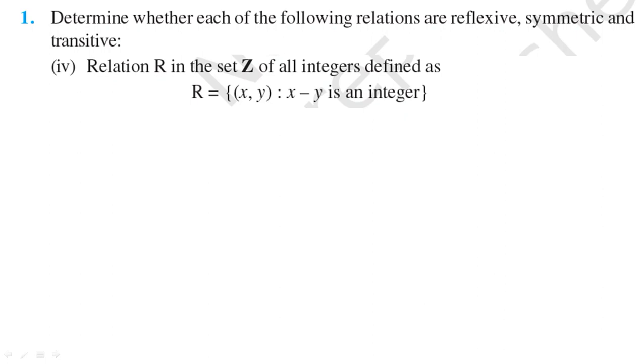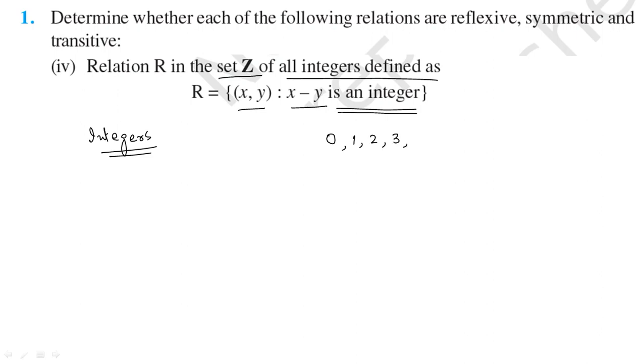Now the fourth part. In part 4, set Z of all integers defined as xy, x minus y is an integer. This one is the condition. Now what about integers? Integers are all positive and negative values. 0, 1, 2, 3, up to infinity.